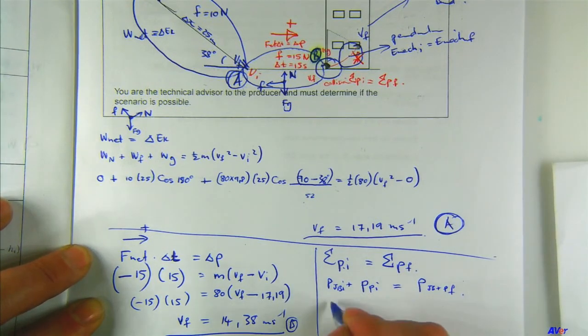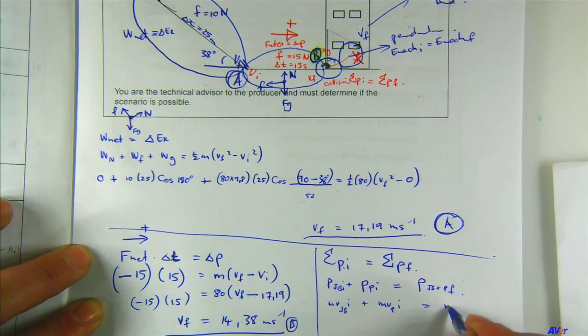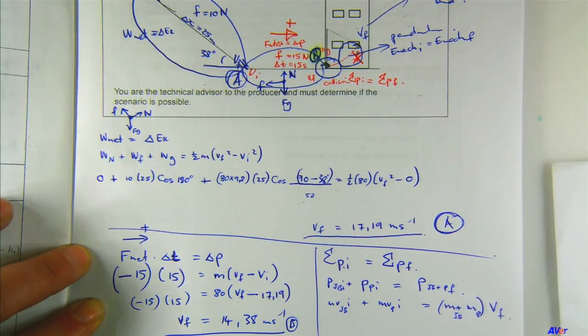Right. So this will be MV, and it is for James Bond before everything. And that is the parcel, MV parcel, before. And that is M plus M for James Bond and the parcel and the final velocity.